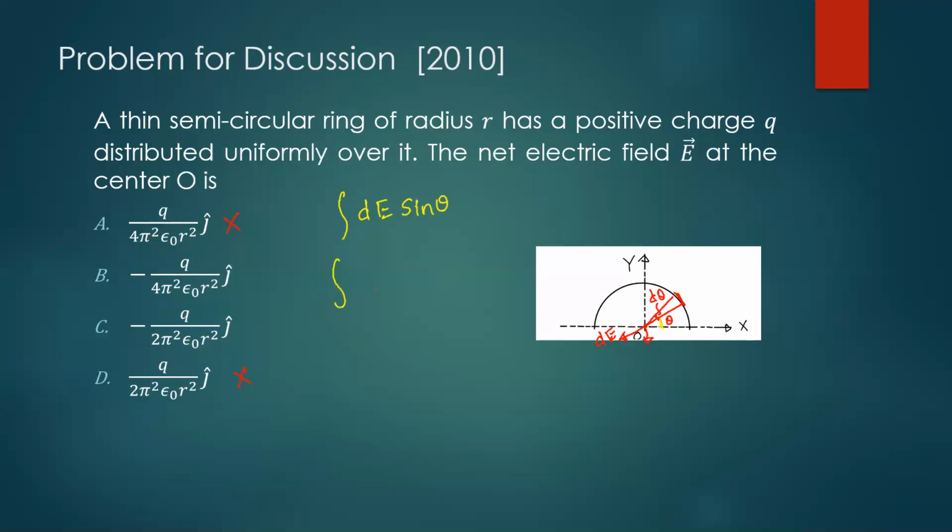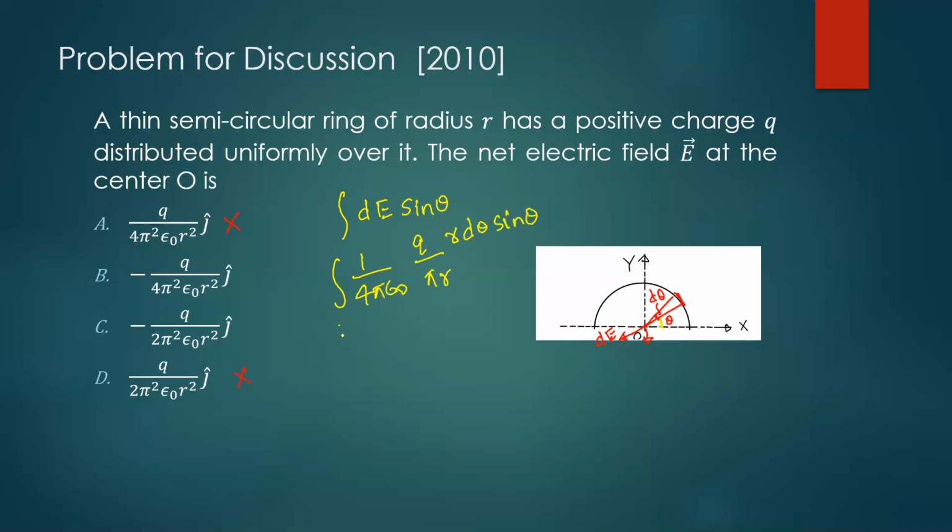Now, what will be the charge of that element? Charge per unit length. I'll write 1 by 4 pi epsilon naught first. Charge is charge per unit length; the length of a semicircle is pi r, and then into the length of the element, which is r d theta, and then sine theta.